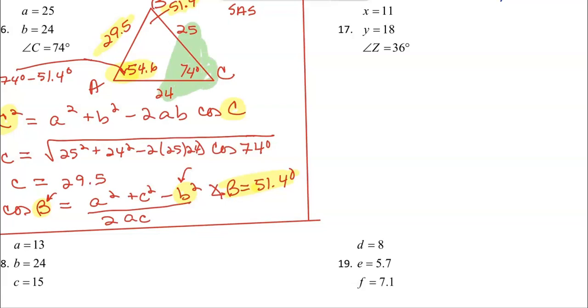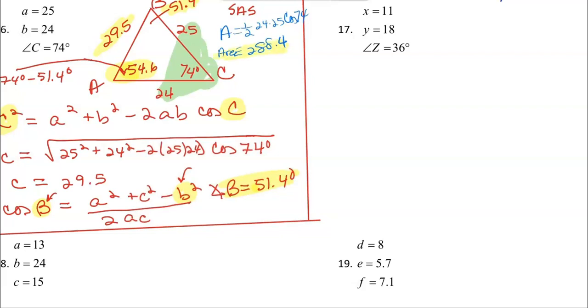Area is 1/2 ab sine C. So it was 1/2 times 24 times 25 times the sine of 74. And I got my area to be 288.4. I don't have any units, so I'm just going to leave it at that. But they did ask you to solve for area as well for every one of these problems.